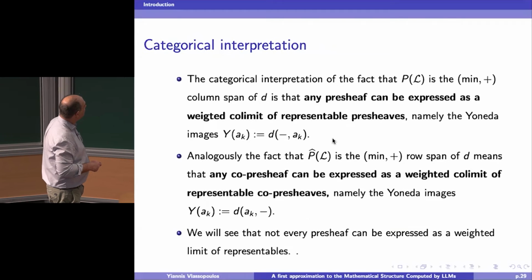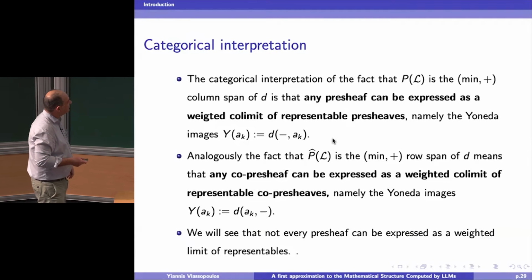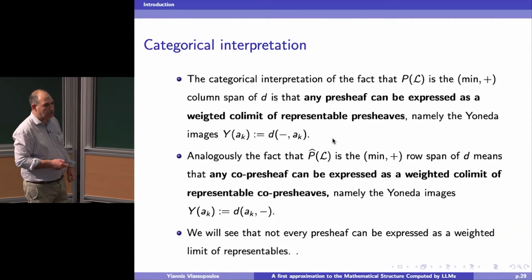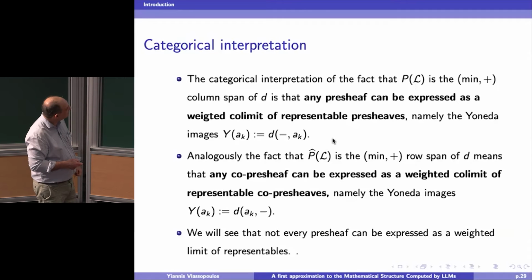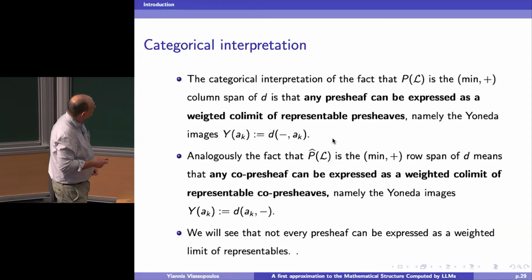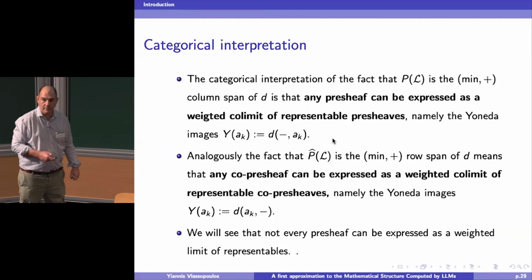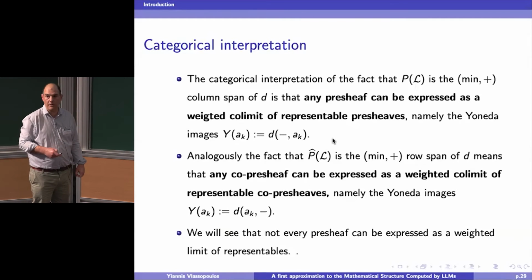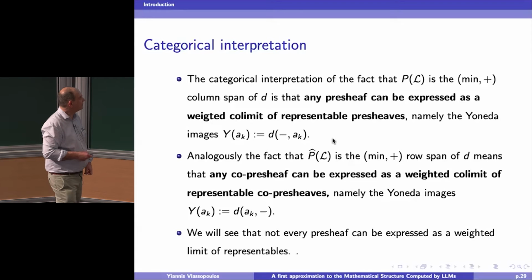Okay, actually the fact that P of L is the min-plus span of these vectors is categorically to be expected, because this min is actually a colimit. What it means is that you can write any presheaf as a colimit of representable presheaves, which is something you expect.